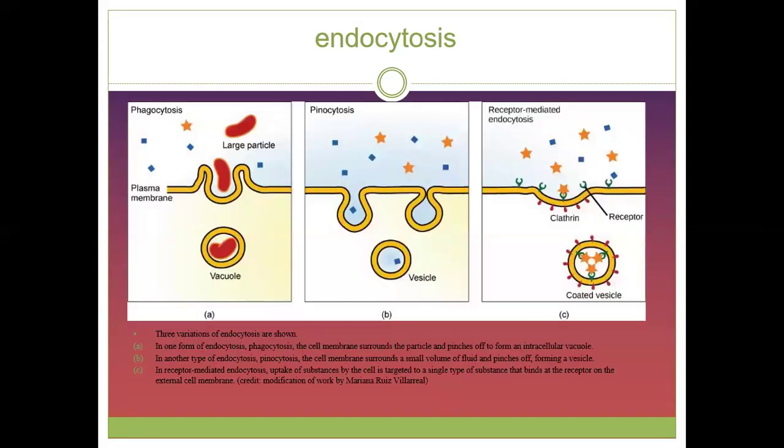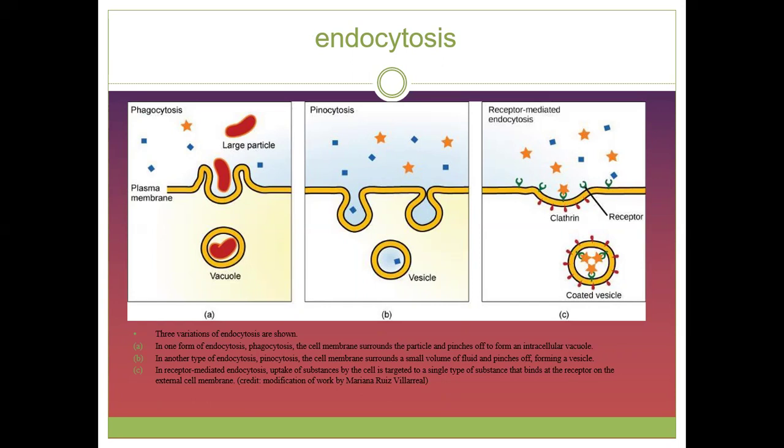So I have an example here of phagocytosis, which I earlier explained. You have a larger particle, it can be a virus, it can be a bacteria, anything harmful which this immune cell identifies as a harmful substance. They can now engulf it, form a membrane, and this membrane-bound particle can now fuse with lysosome for it to be broken down.